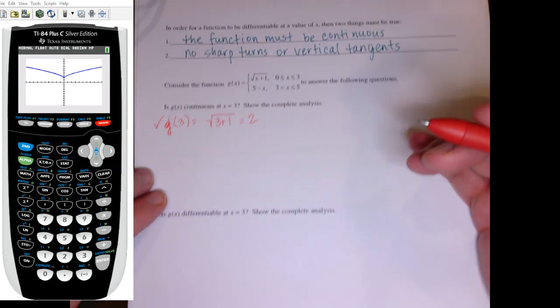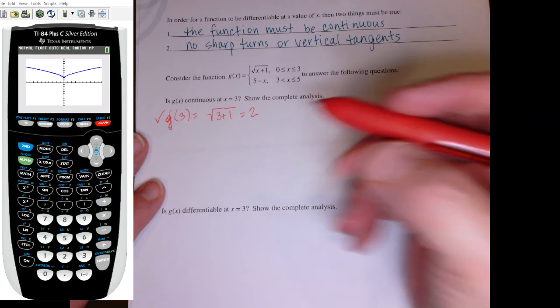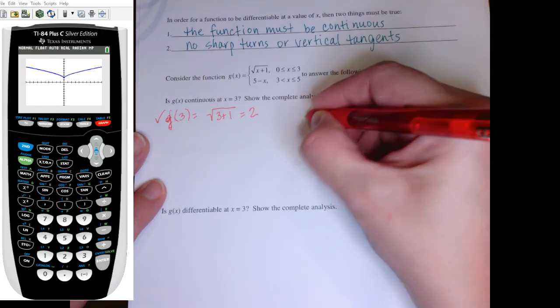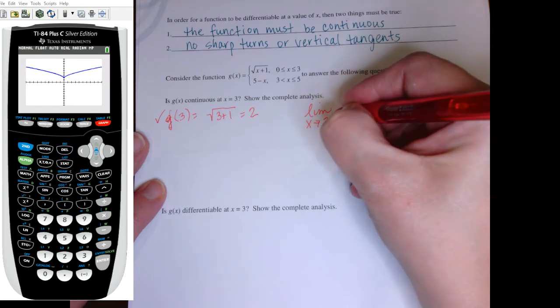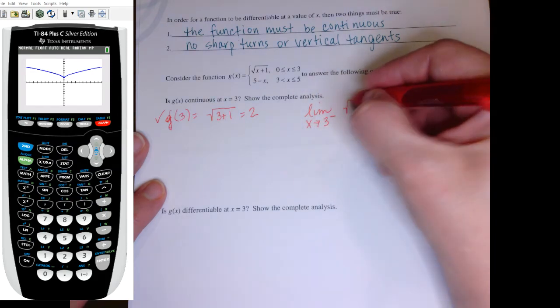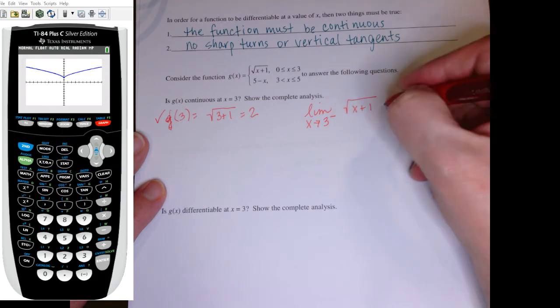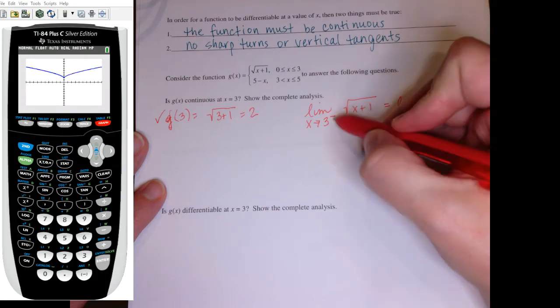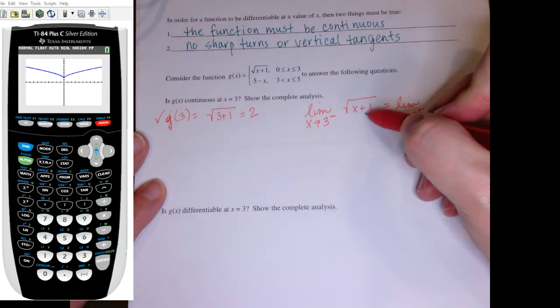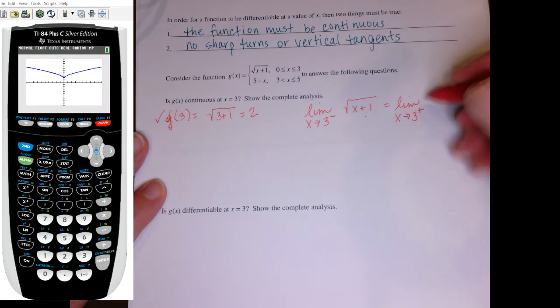Does the limit exist? Well, when you're dealing with a piecewise function, you've got to check the right and left-hand limits. The limit as x approaches 3 from the left would be your first piece. And the limit as x approaches 3 from the right would be your second piece.